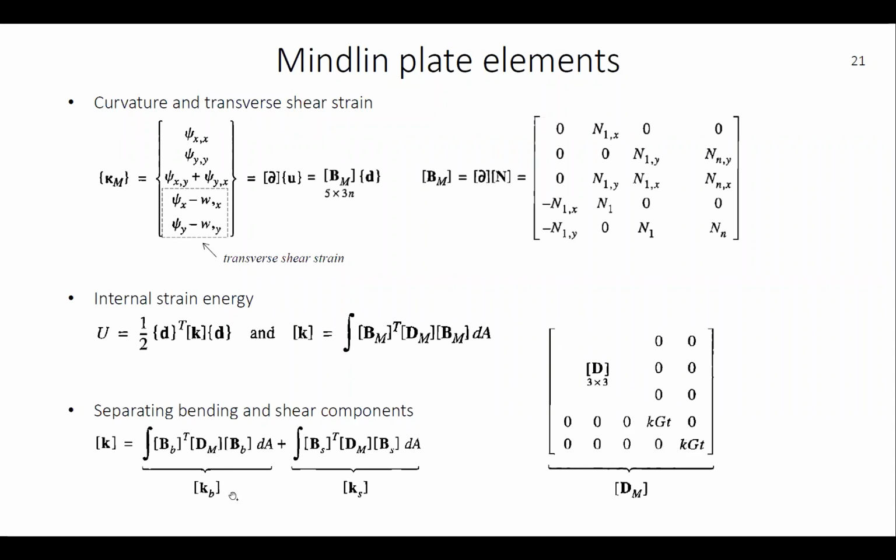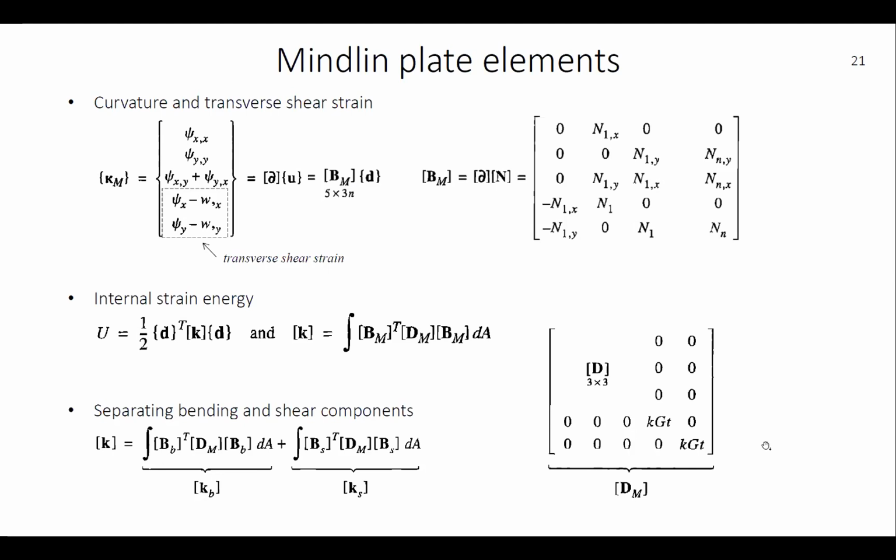In short, we can separate the bending and the shear components because we can see here that they are uncoupled for this type of element. And this is a good thing because for different numerical reasons, we would like to have different integration orders for the bending component and the shear component to avoid the shear locking effects.